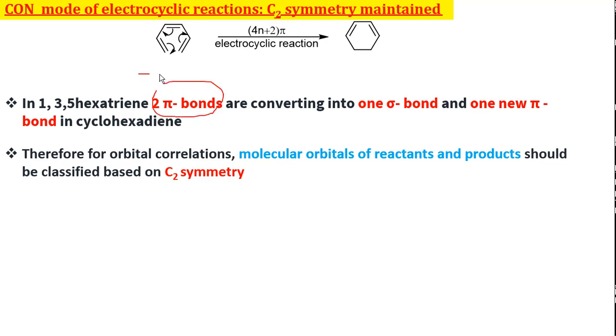Therefore we have to classify the molecular orbitals with respect to C2 symmetry, because we are going to discuss the conrotatory mode of rotation.